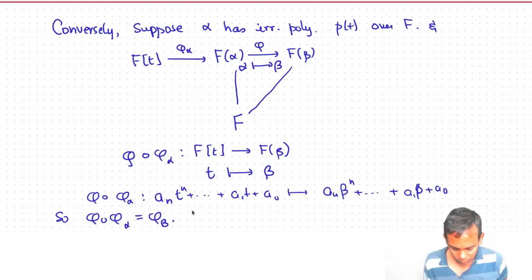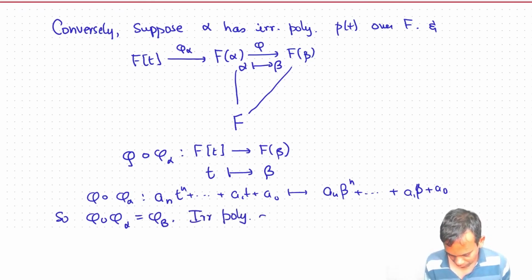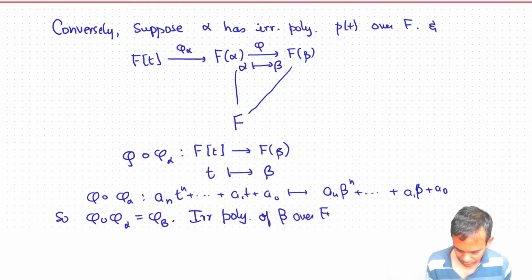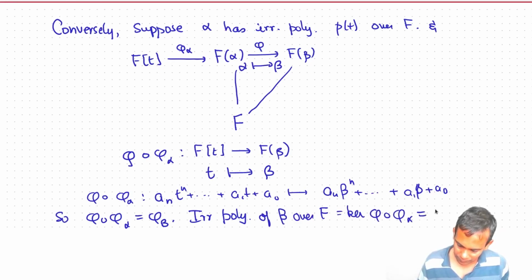So the irreducible polynomial of beta over F is the generator of the kernel of phi composed with phi alpha, but that's the kernel of phi alpha because phi is an isomorphism.